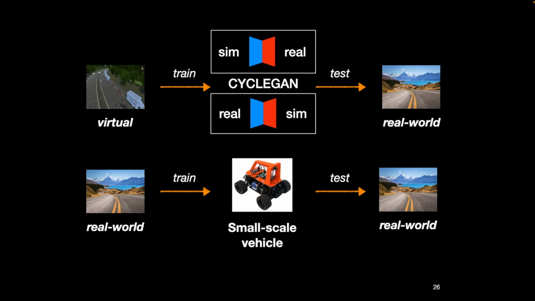And as you can probably guess, we are also trying to understand how large this gap is when considering virtual versus physical platforms. And we have decided to use a small scale vehicle for this problem. So in the rest of the talk, I will present some of the recent results that we have obtained in this respect.